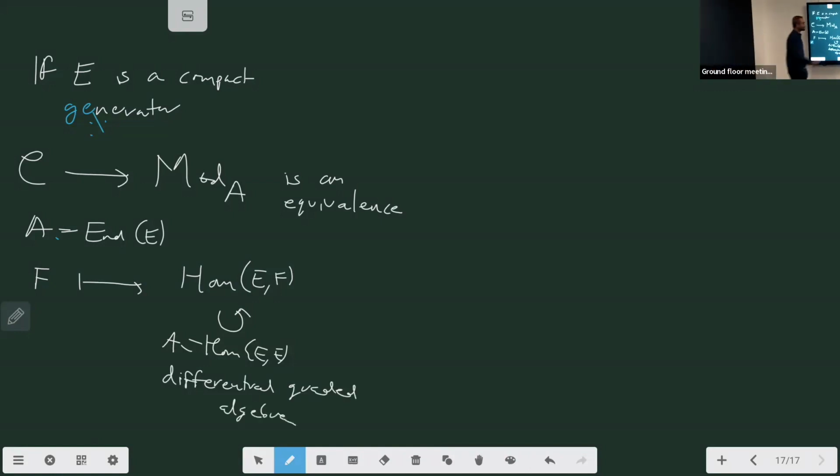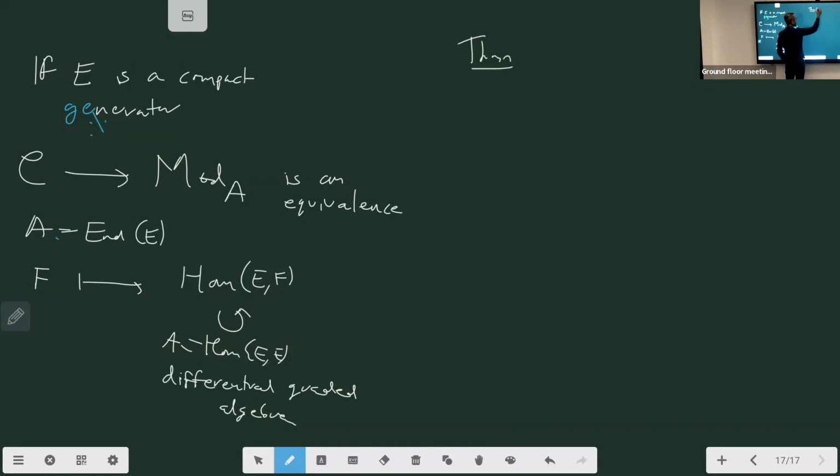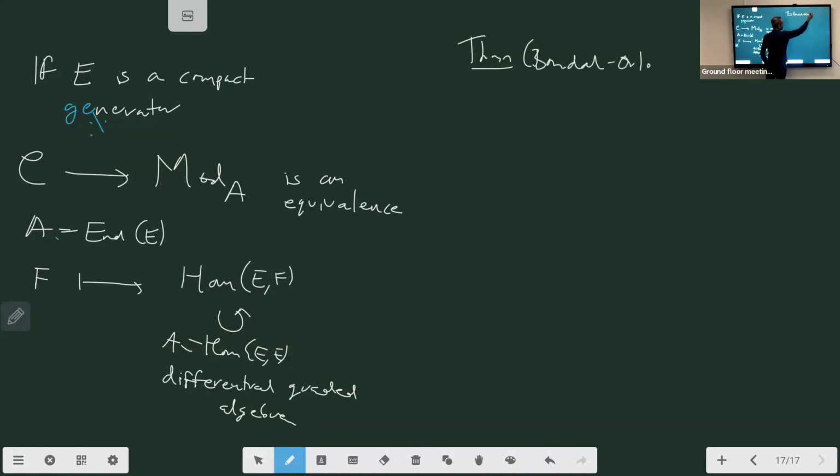And it's a fact, a theorem, that any reasonable scheme has a compact generator.